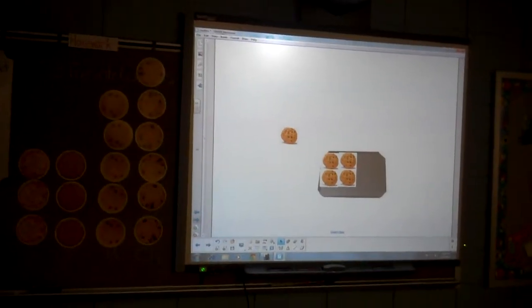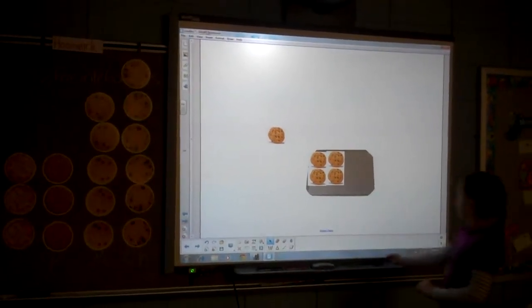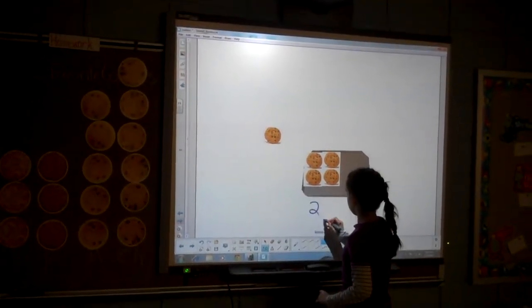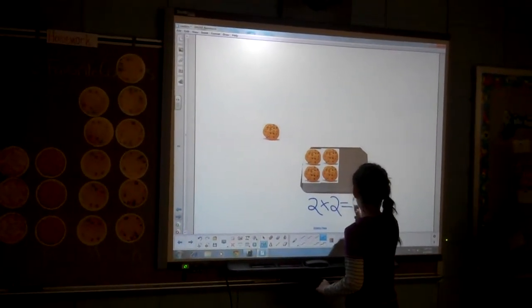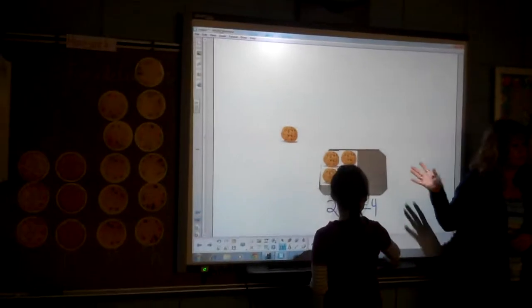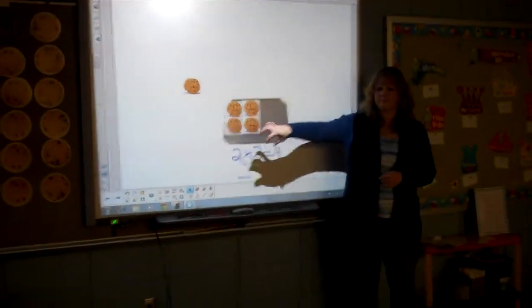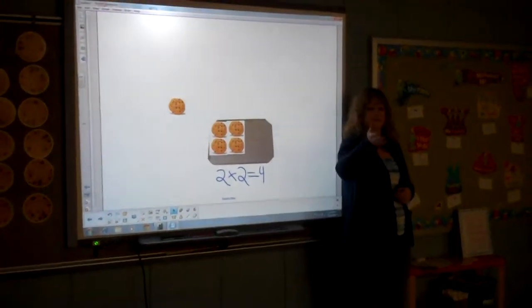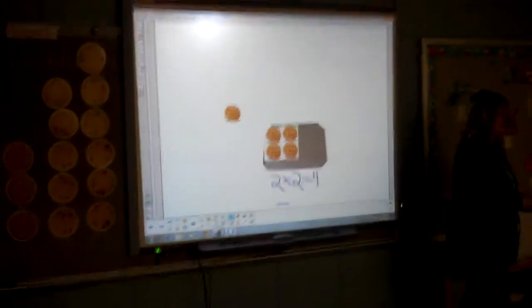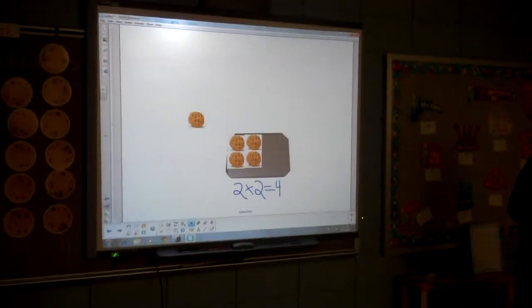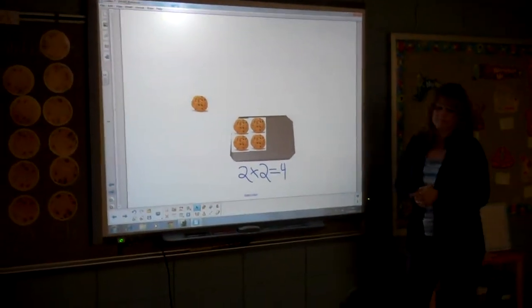What is the property called when we switch the numbers around? Everybody? Commutative. Good. If we switch these around, what would our new sentence be, Kate? It would be the same exact thing, because we're using two of the same numbers. So we wouldn't have to do the commutative property with this one.